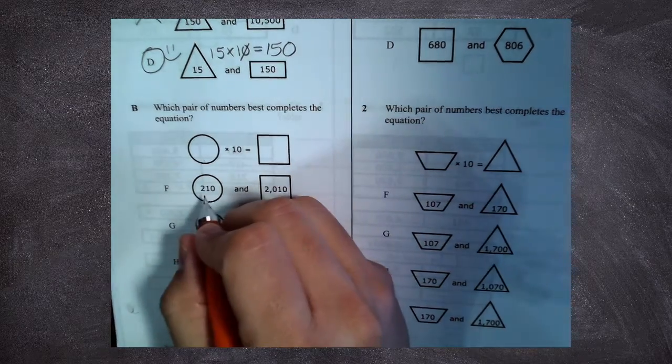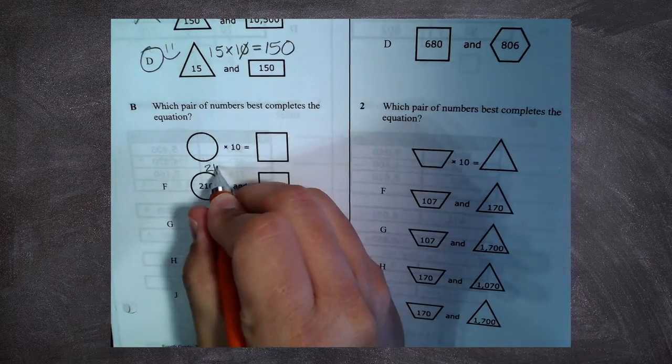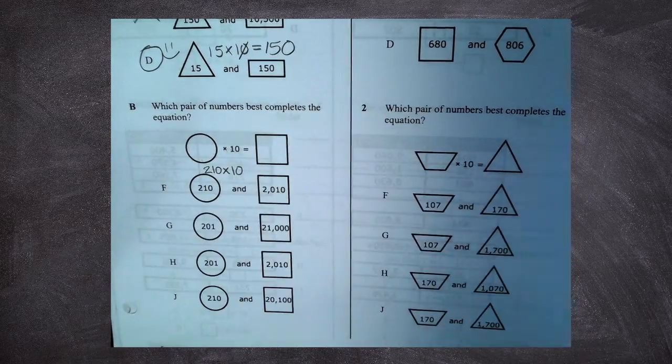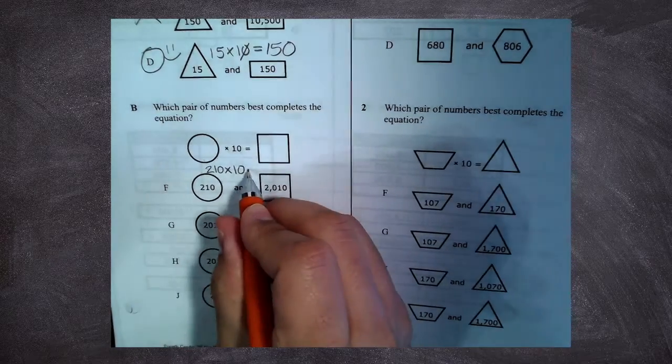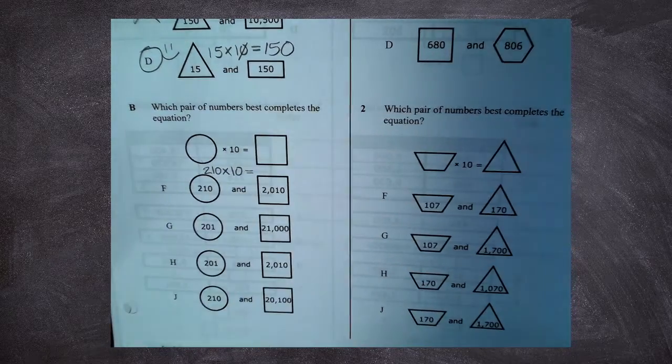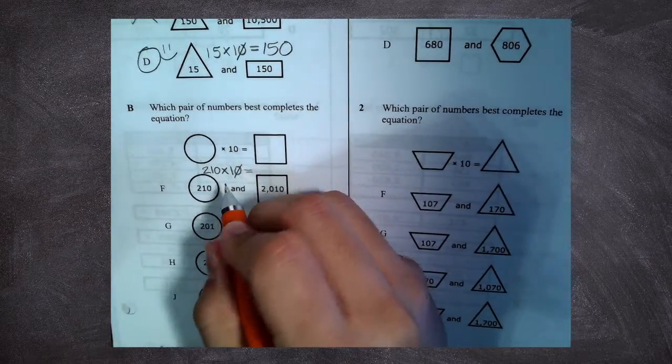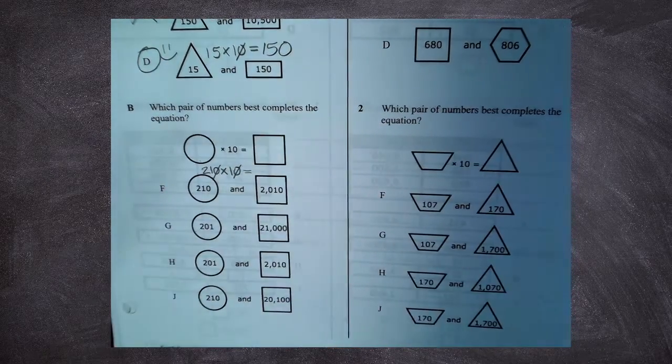Let's try. 210 times 10. How many zeros can I take away here? Alexa, how many zeros? 2. 1 from 10 and 1 from 210.